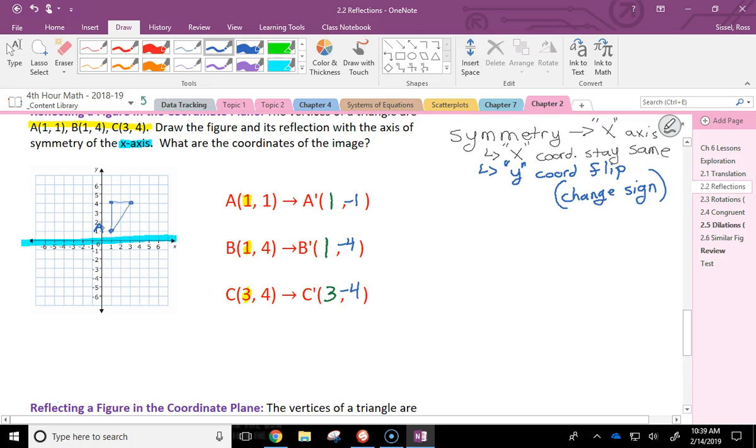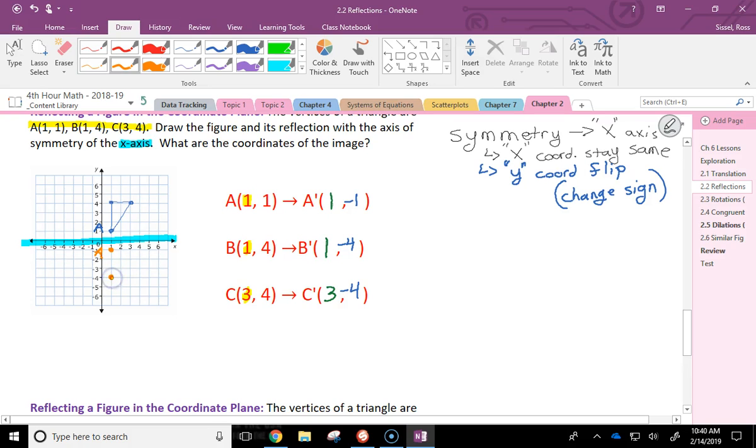If I flip it, it has to stay the same distance away from my x-axis. So it should go here. I shouldn't use blue since the original one's blue. Let's use orange. So I'd go here. That is now A. That coordinate is 1, negative 1. We have that. This one was 1 over and 1, 2, 3, 4. 1.